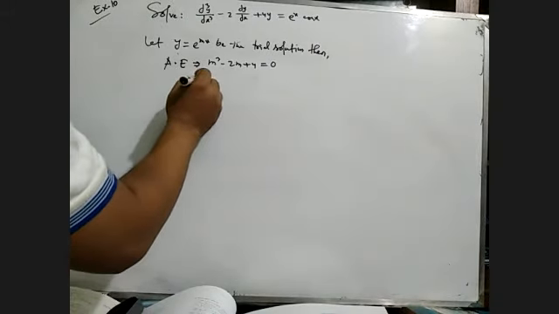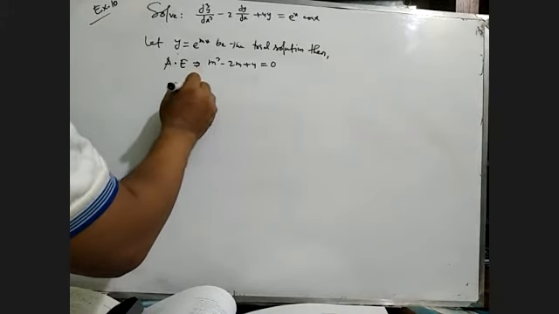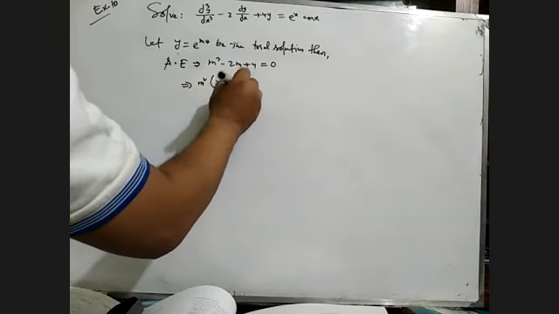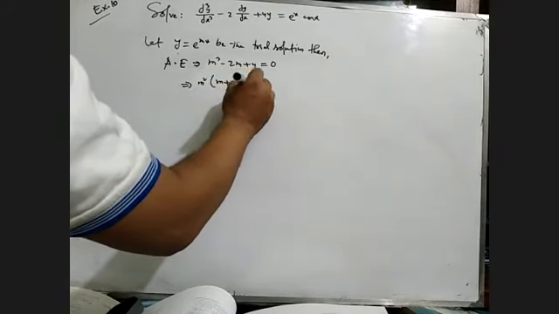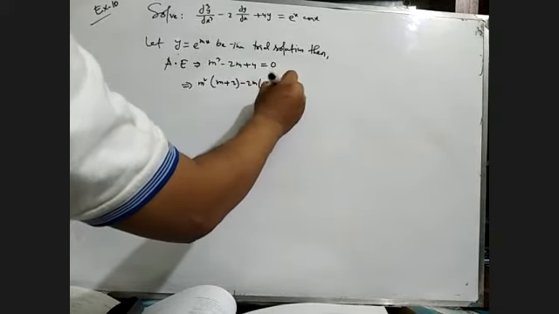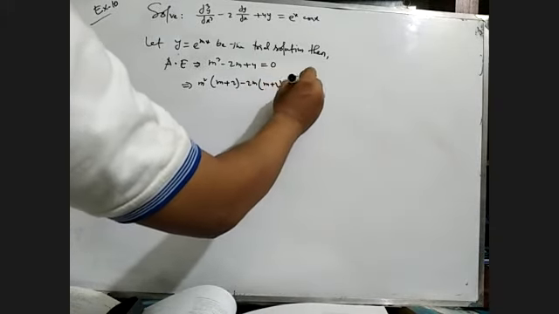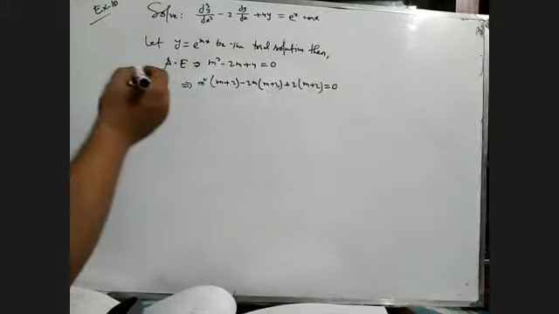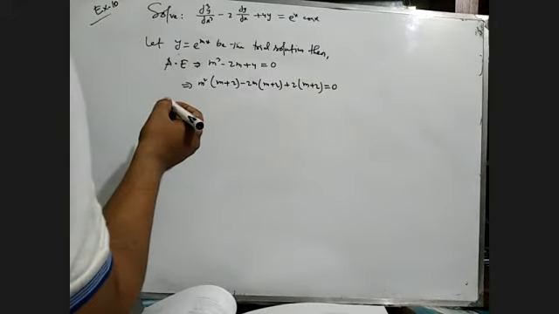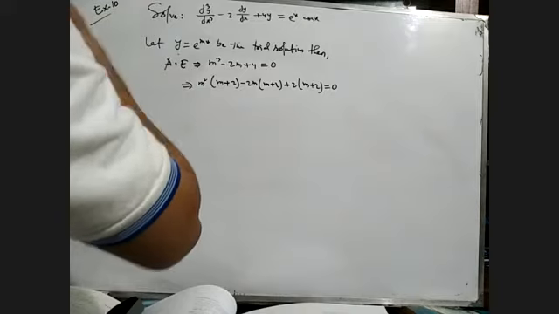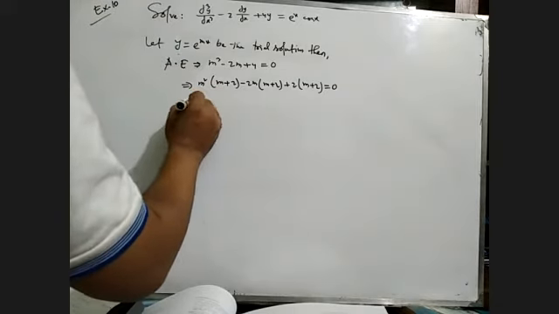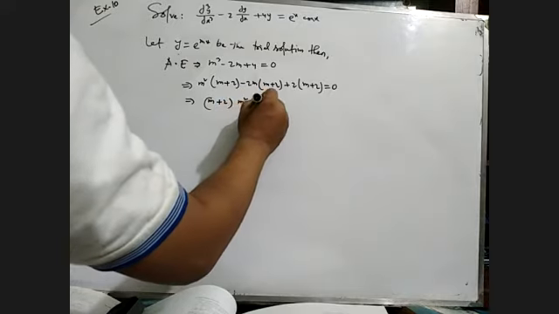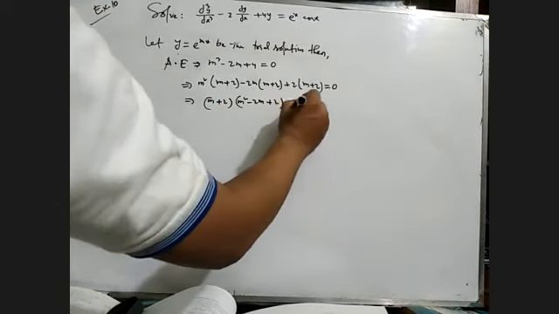Using the remainder theorem, we can write this as m plus 2 into m square minus twice m plus 2 equals 0.